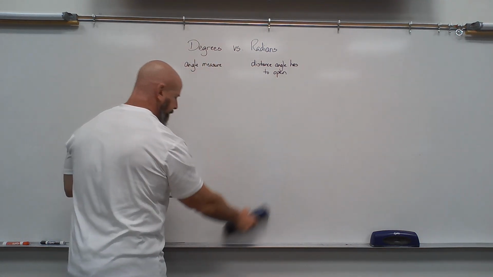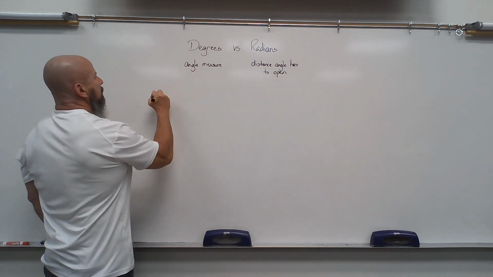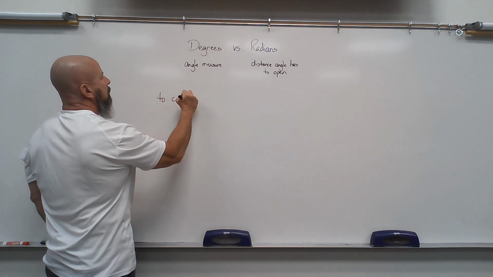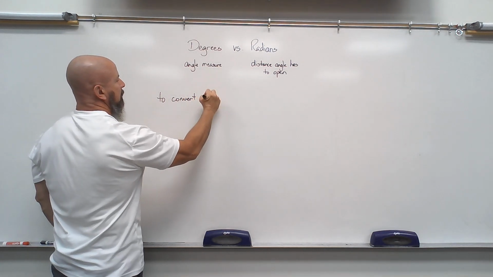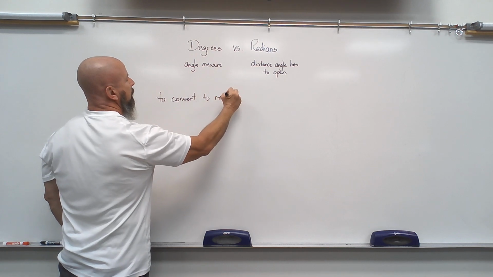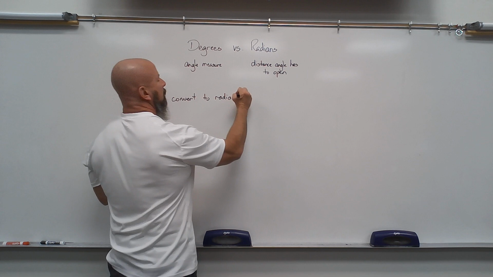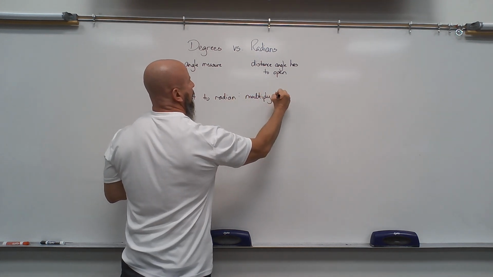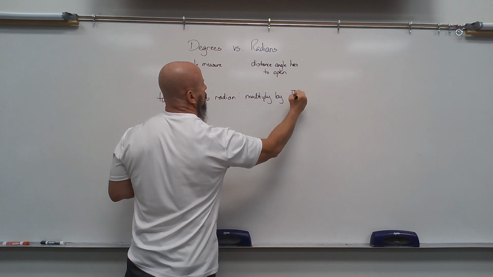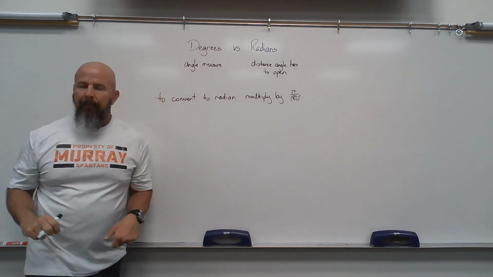So first off, to convert to radians. If I want to get a radian measure from a degree, we're going to multiply by pi over 180 degrees. Okay.